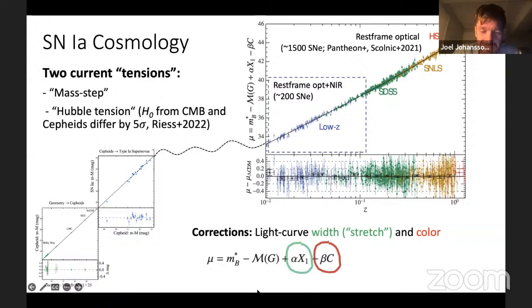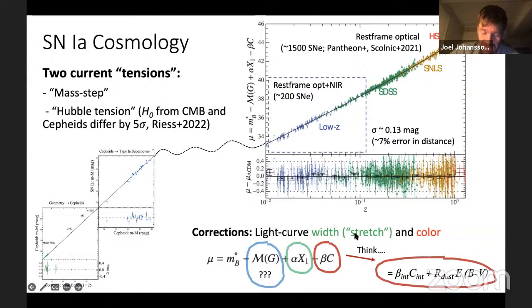So I'm going back to these equations. I didn't put it on just to have an equation, but these two corrections that you do, the stretch corrections marked in green here, and then you make this color correction. But it's standard issue in astronomy that you have to know something about the intrinsic color of your object, whether it's a Cepheid or a supernova.